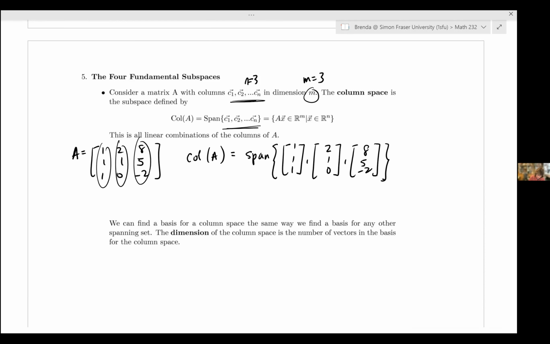The way that you see that this is all linear combinations of the columns is, let's just do this multiplication. 1, 1, 1, 2, 1, 0, 8, 5, minus 2. We're going to multiply that by a generic vector x, and let's see what happens. And let's write the multiplication out in this way.